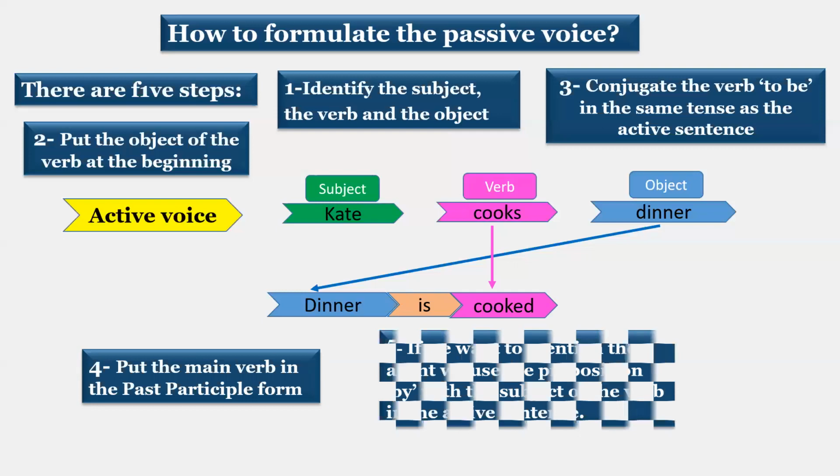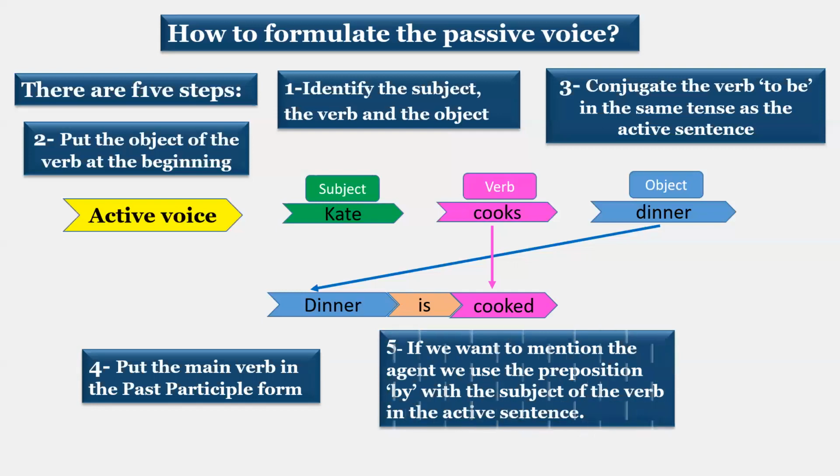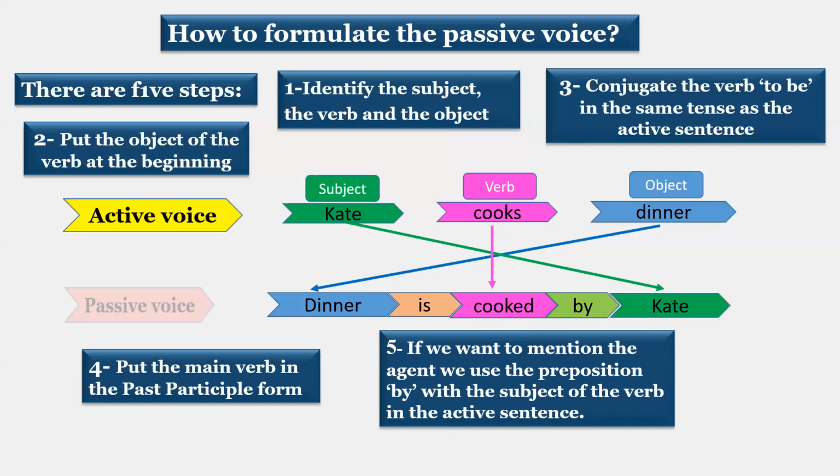And then if you want to mention the agent, we use the preposition by with the subject of the verb in the active sentence. So we put by and then Kate. And here we have a passive voice sentence.